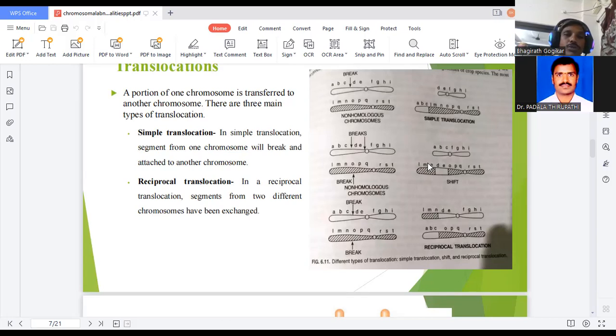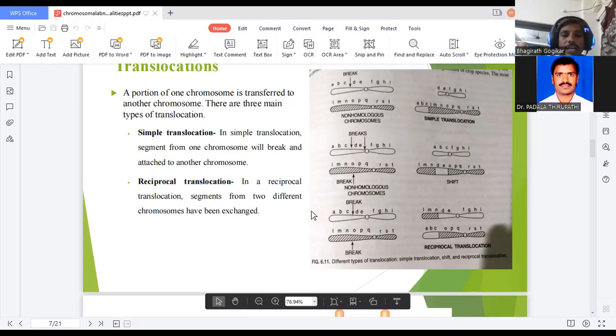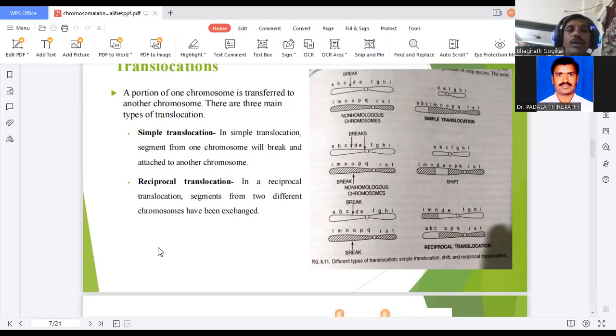One linkage group to another means what? In the linkage class, I explained that the number of linkage groups in any organism is equal to the haploid set number. So N, the haploid chromosome number, is equal to the linkage groups. Just see, this is one homologous chromosome.